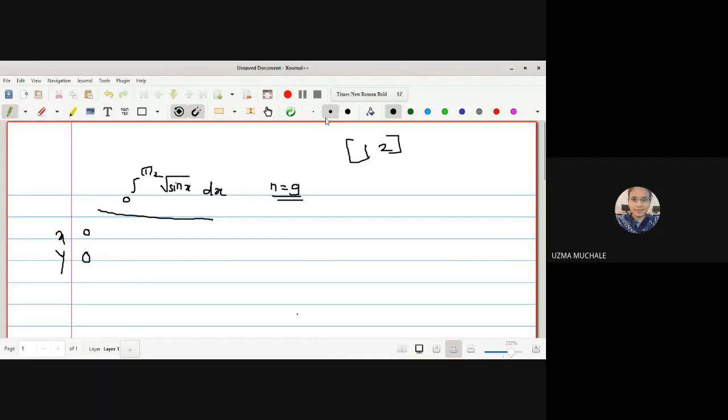Okay, what do you do in real analysis if you want to divide any interval into, say, 10 equal parts? What do you do in real analysis one?